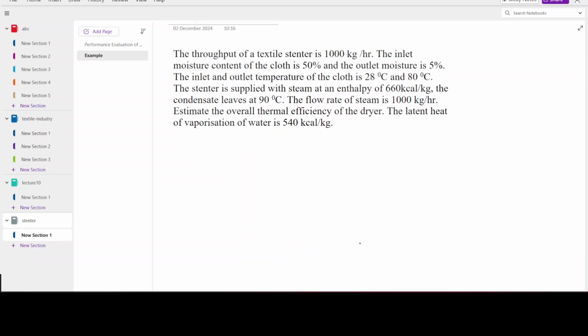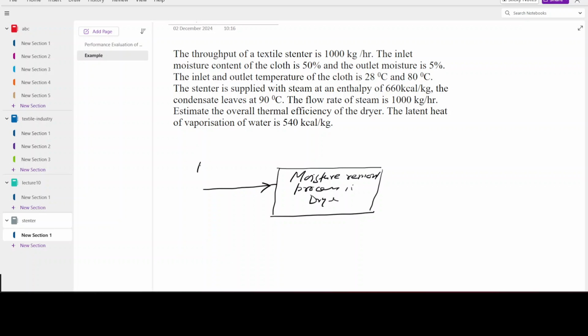First of all, we will see the moisture removal process in dryer.